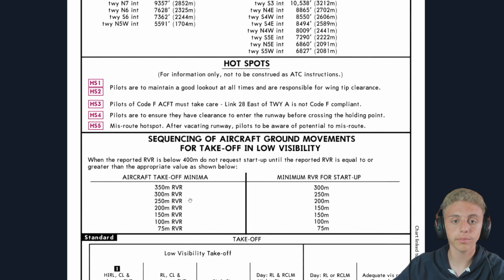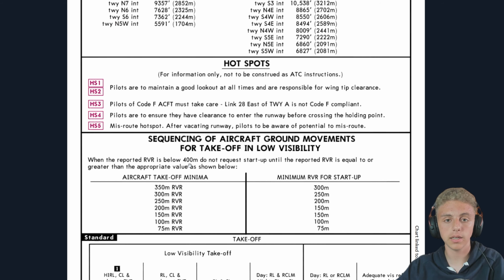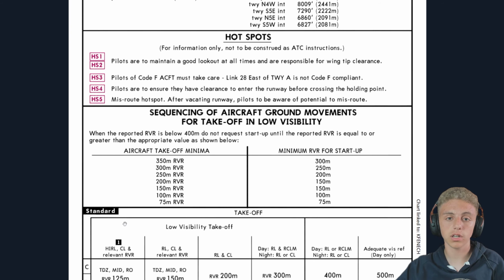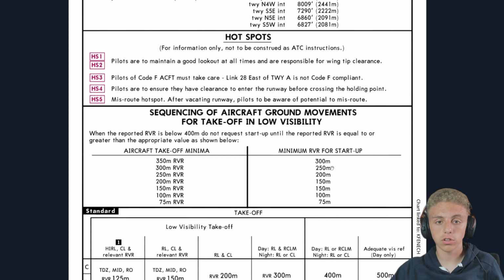Now down below, this is something we have not seen yet. When reported RVR is below 400 meters, a plane is not allowed to start up until the reported RVR is equal to or greater than the appropriate value as shown below. So different aircraft will have different RVR takeoff minimums. So a plane with a minimum of 350 meters of RVR can start up at 300 RVR.